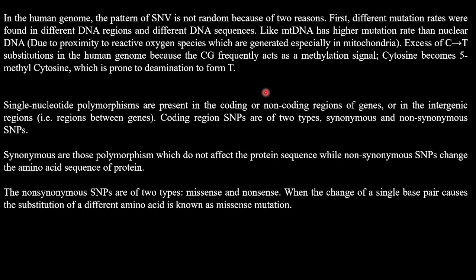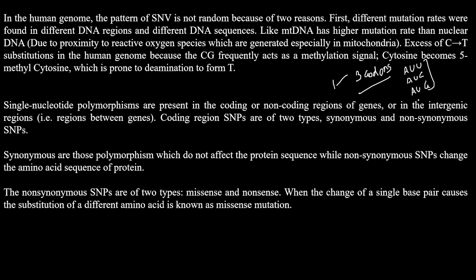You know, every amino acid is coded by multiple codons, approximately 3 codons, right? Suppose the amino acid is coded by AUU, AUC, AUG. This is just an example.